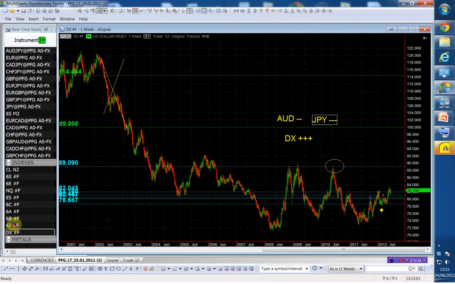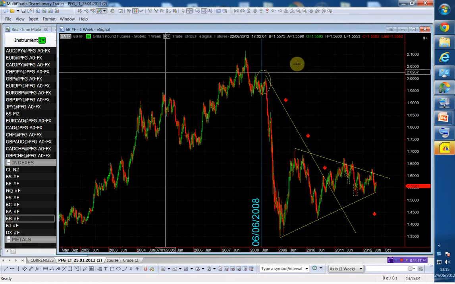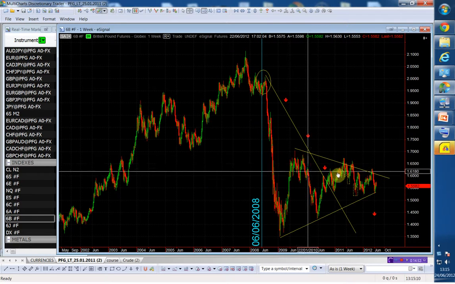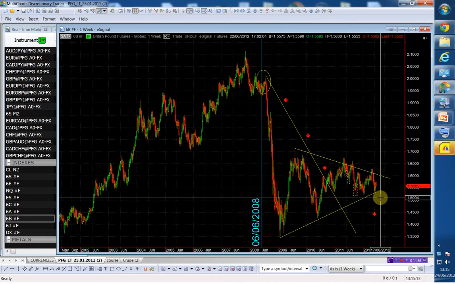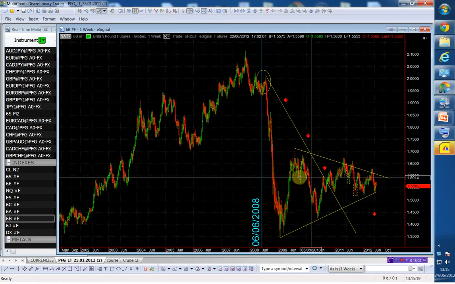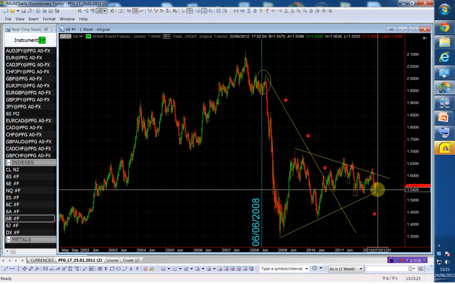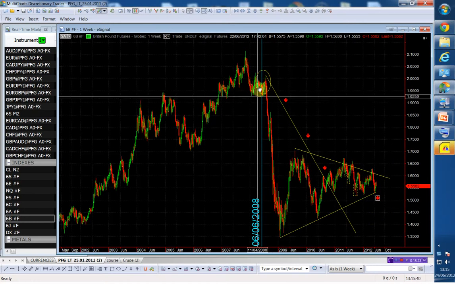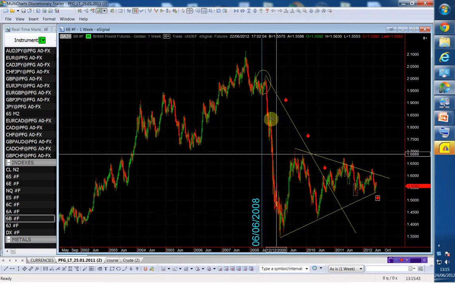The next one we're going to look at is the British pound, and as you can see from the chart, the British pound is in La La Land now since 2009. It is in one of those zones which look like a triangular zone, and this is usually a continuation that you will be looking for a further decline, because your guide is usually that original direction, that is the original momentum.